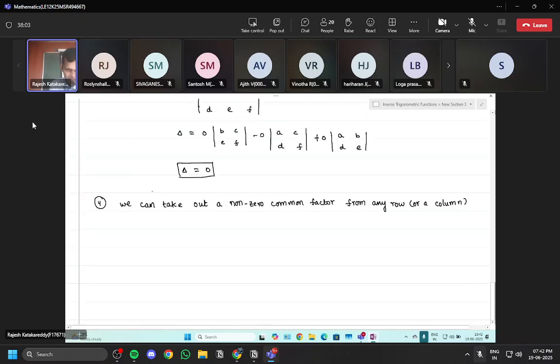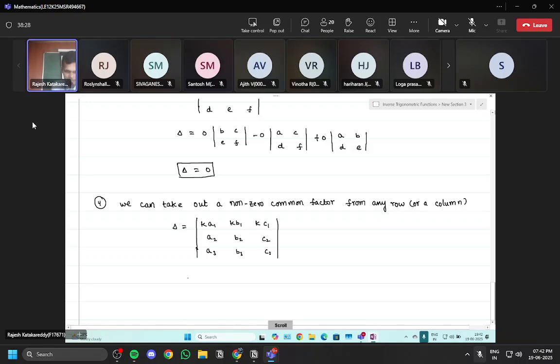So let's say delta is equal to K A1, K B1, K C1, and this will be A2, B2, C2, A3, B3, C3. You have K as a common factor in row 1. I can take that K out.